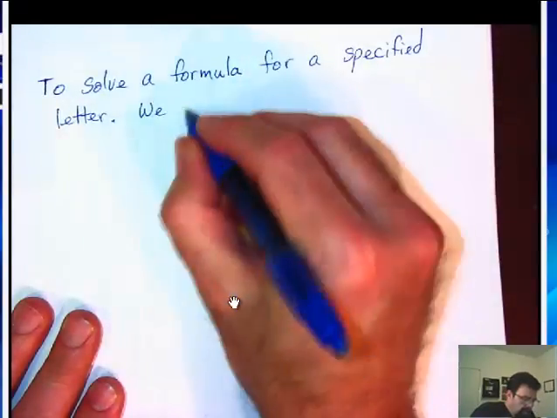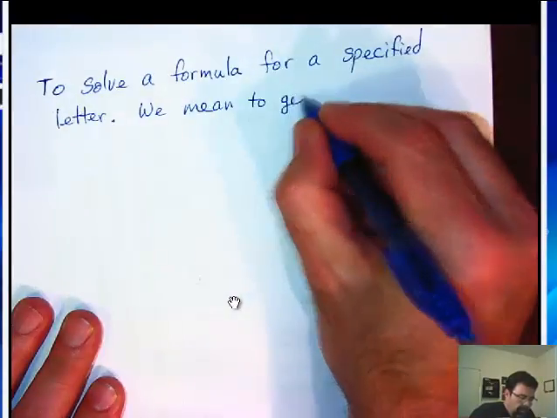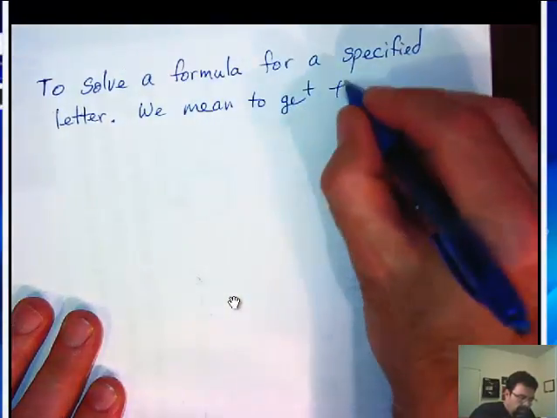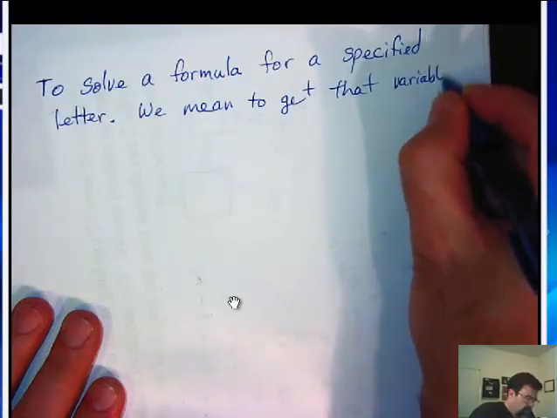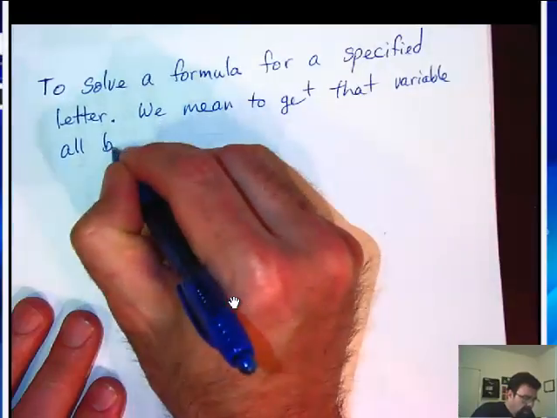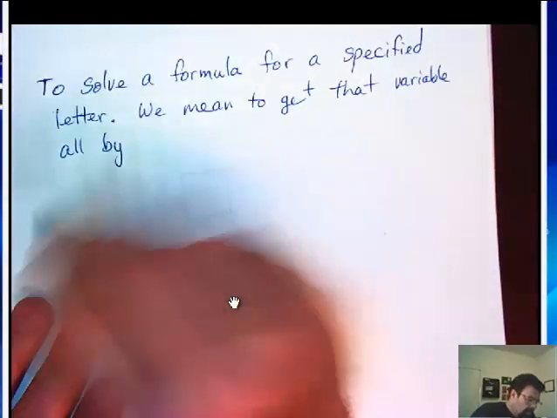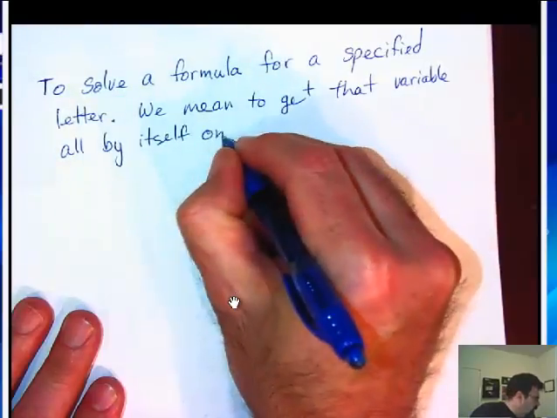Well, we mean to get that variable all by itself. We want to isolate it on one side of the equation.